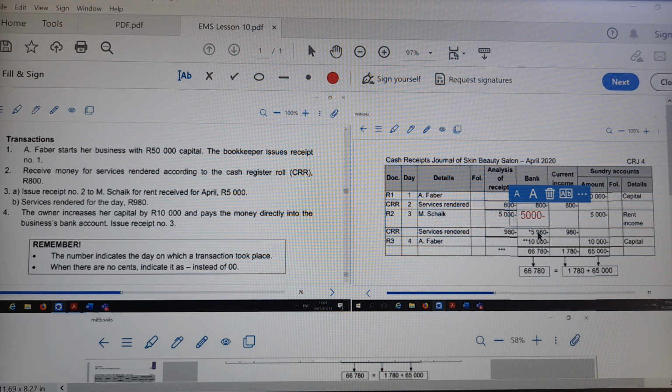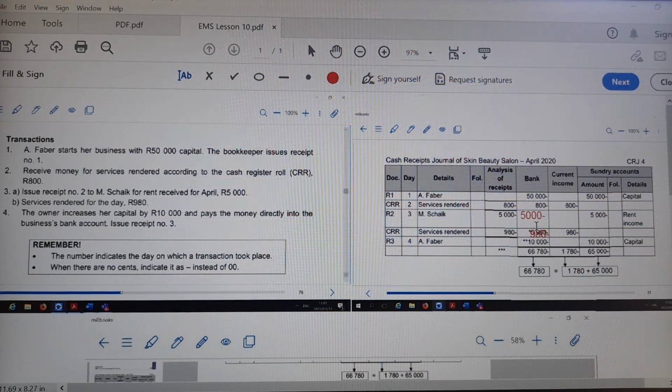Okay, and then here, instead of putting the total, I would put the 980 and I would put the dash. Okay, I hope you see this. So I won't combine these two amounts. This will just be 980 and dash instead of summing this to the total. So rent still goes to the bank.